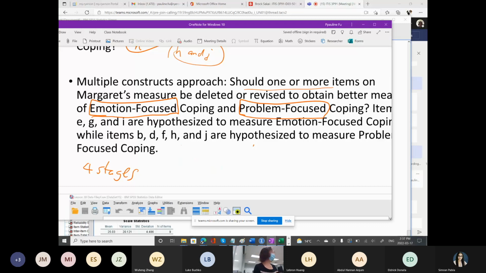So for research question 2, we want to use 4 steps, 4 stages, to create 2 constructs. One is emotion focused, the other is problem focused. Is that clear? Okay, 4 stages. Okay, so let's do it.